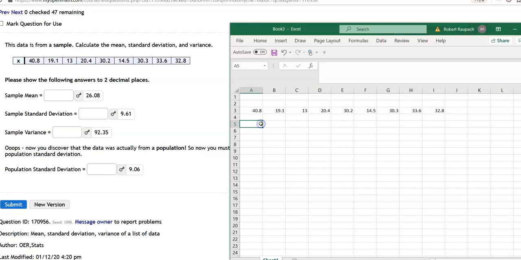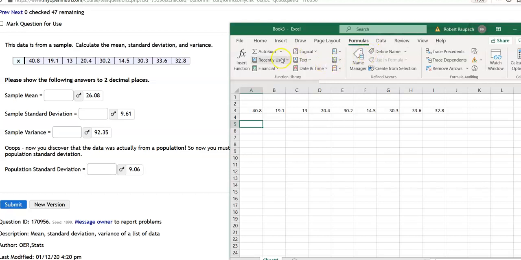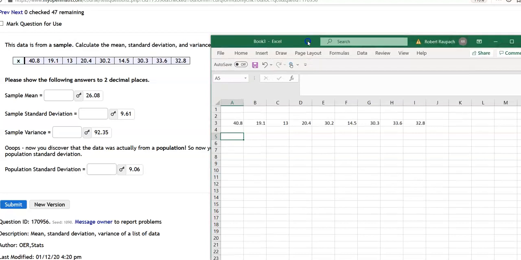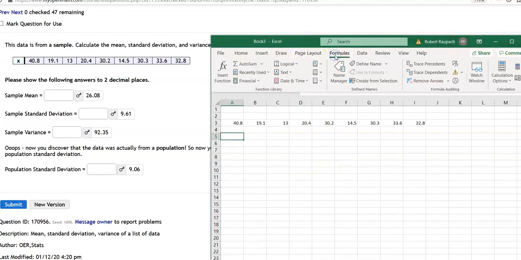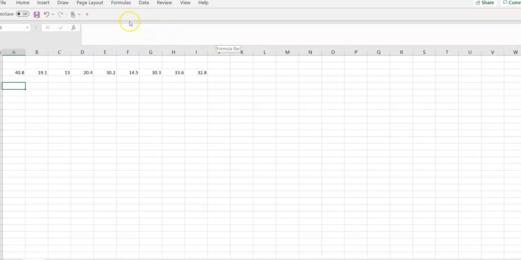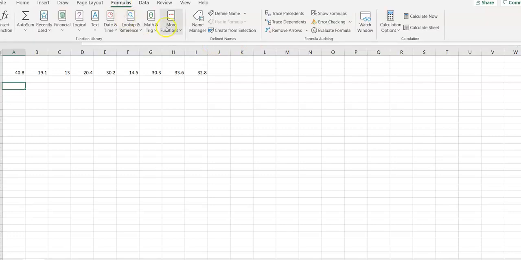So the sample mean, again, this is a sample. This is data from a sample. So the sample mean, again, it's formulas. You could go to another thing too. When this thing is in a smaller version, it's very difficult, and you can't find what we did before. You have to expand it way out to get formulas and everything I was looking for.